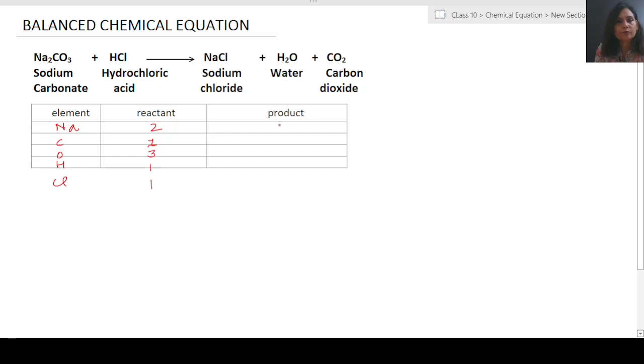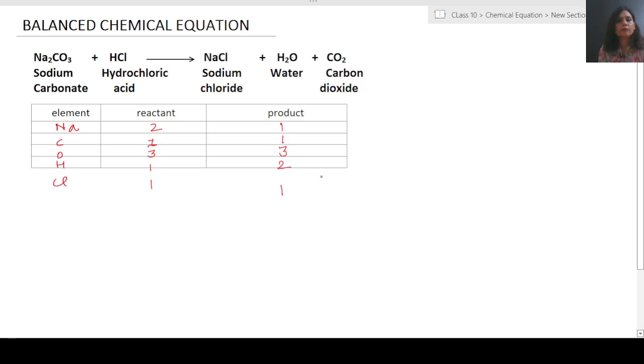Na is 1 here, Cl is 1 here, H is 2 here, and O is 3, this O plus this 2, so 2 plus 1, 3, and this C is 1 here.